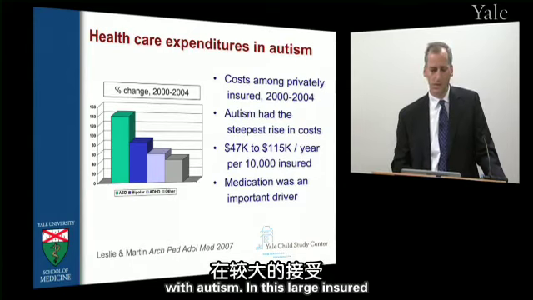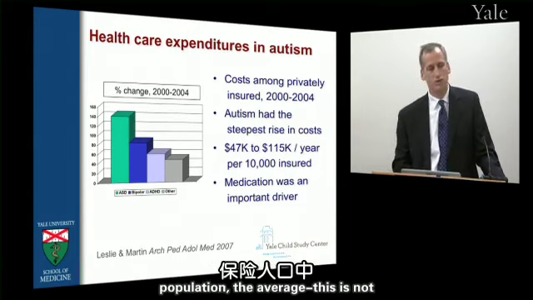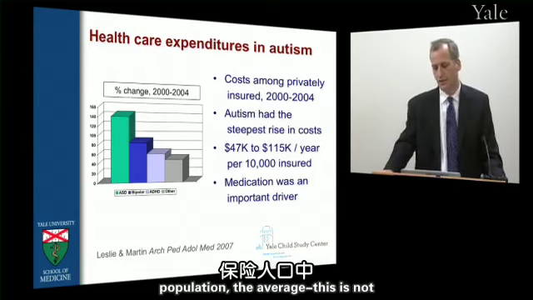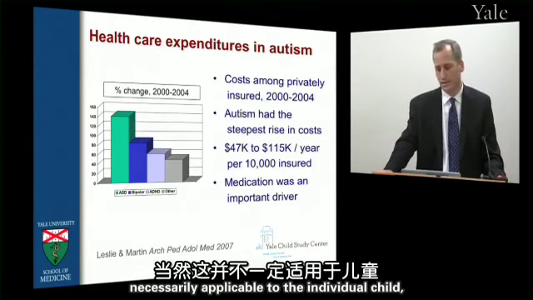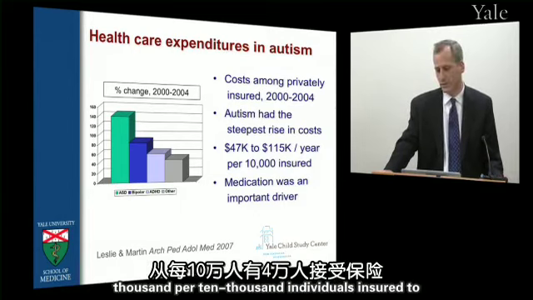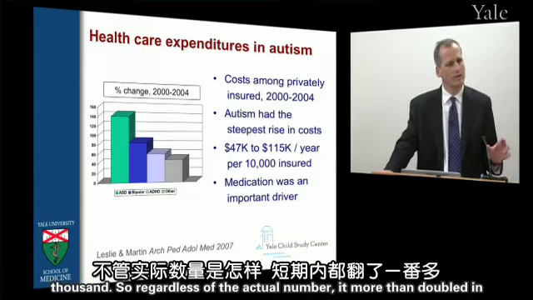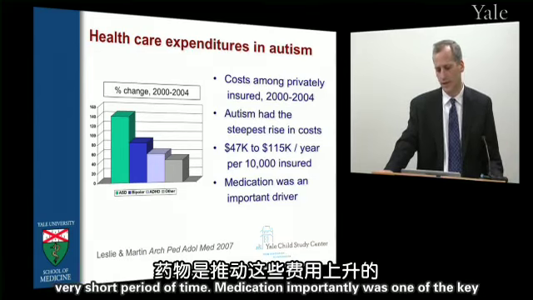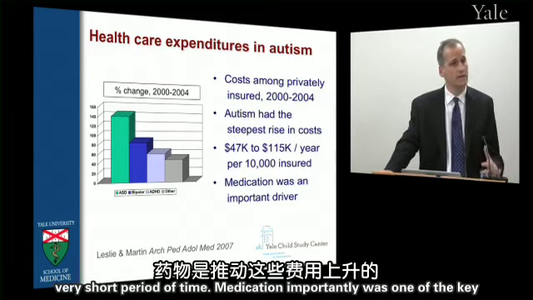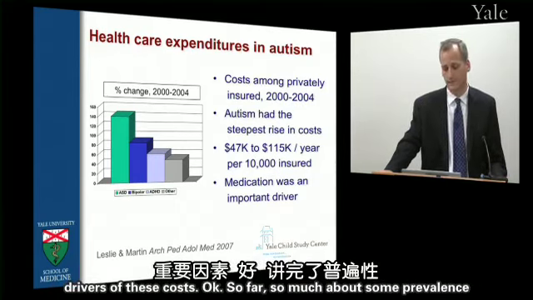In this large insured population, the average, this is not necessarily applicable to the individual child, went from 40,000 per 10,000 individuals insured to 115,000. So regardless of the actual number, it more than doubled in a very short period of time. And medication, importantly, was one of the key drivers of these costs.